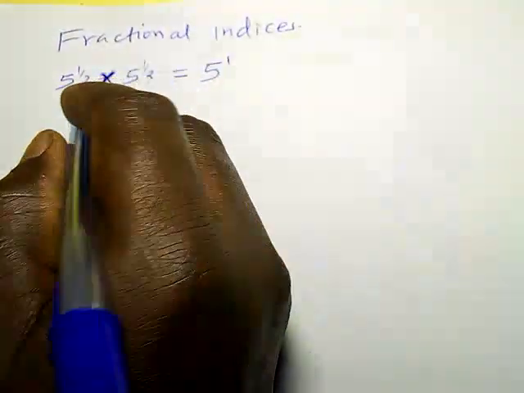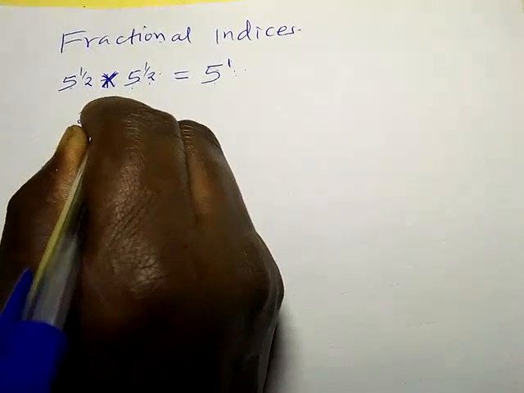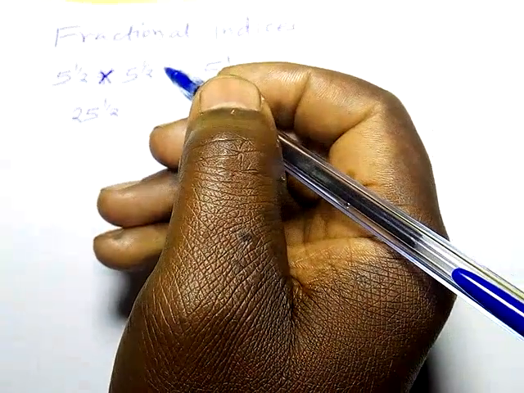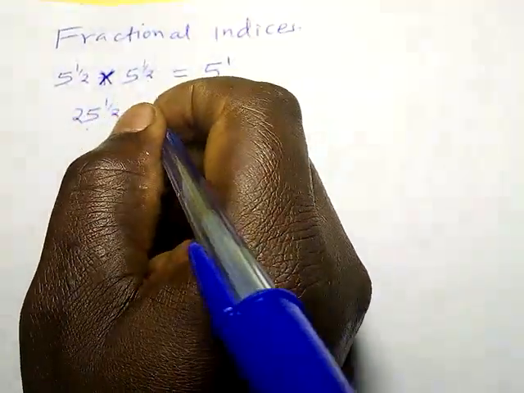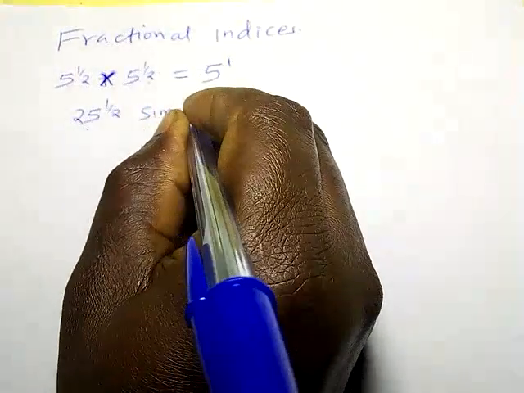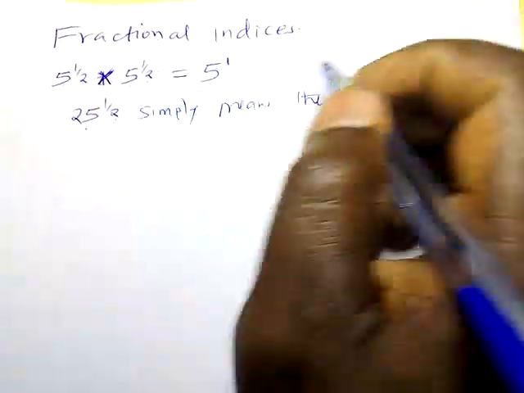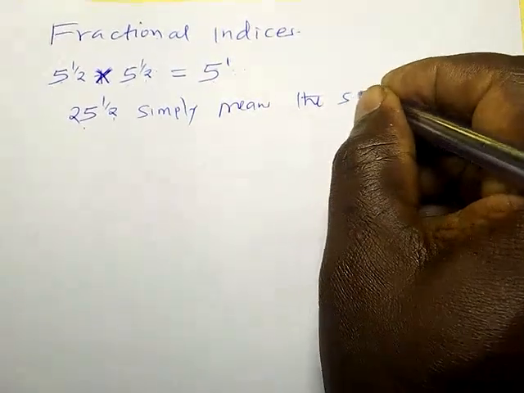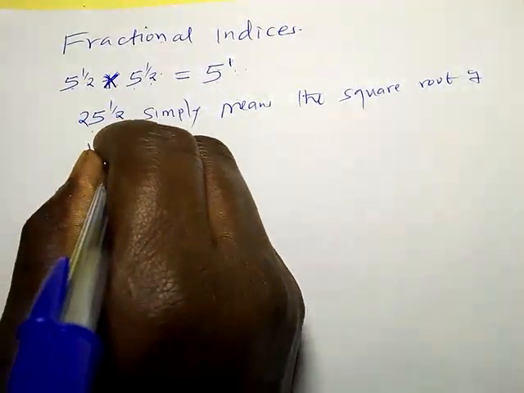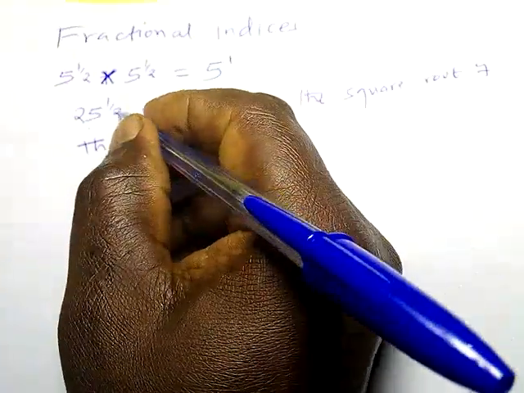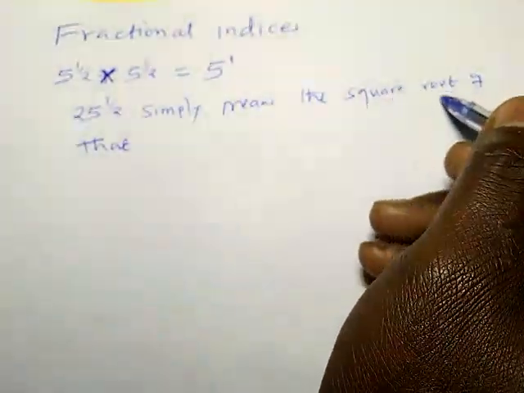Another thing you want to look at is 25 raised to power a half. I want to show you that if a number is raised to power a half, it simply means the square root of that number.